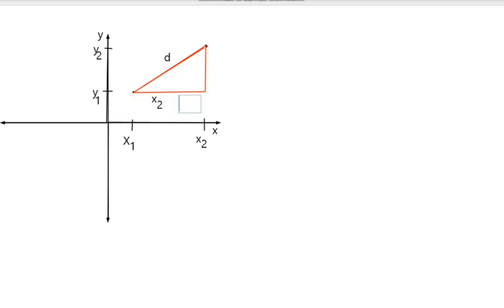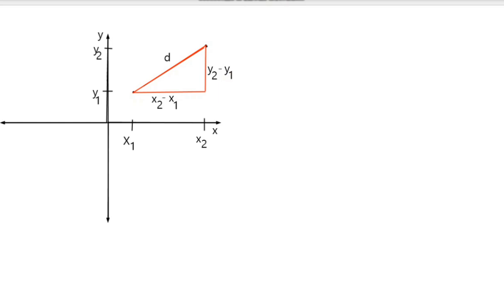To find the length of the other leg of the triangle, we're just going to take the difference of the points, y sub 2 minus y sub 1.